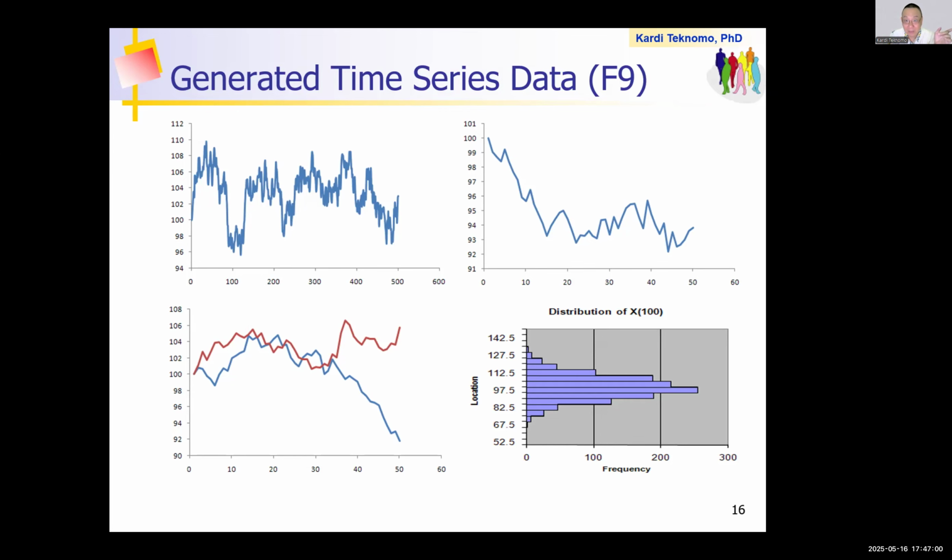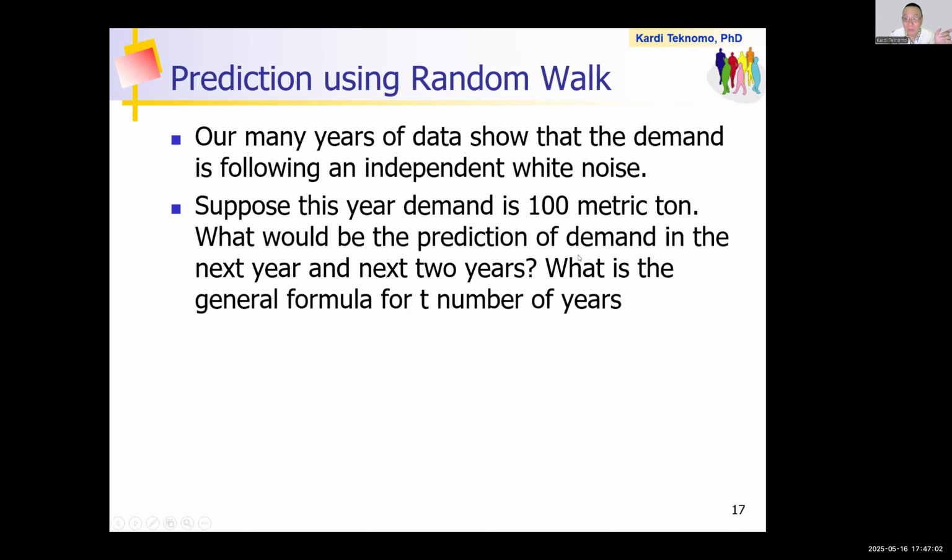So let's say you are using a normal distribution. If you know this year's demand is, say, 100, and you know that the distribution is normal, then you can calculate the general formula to get next year, the next 2 years, or 3 years.